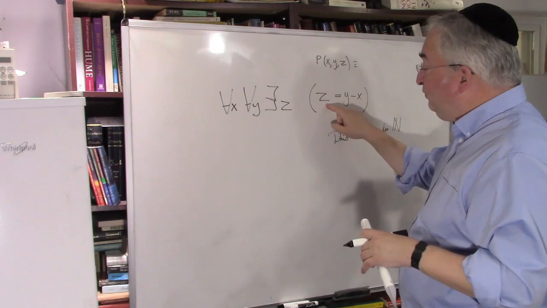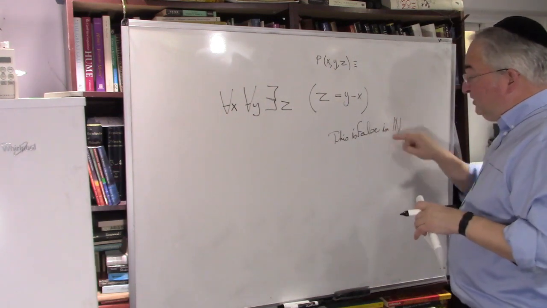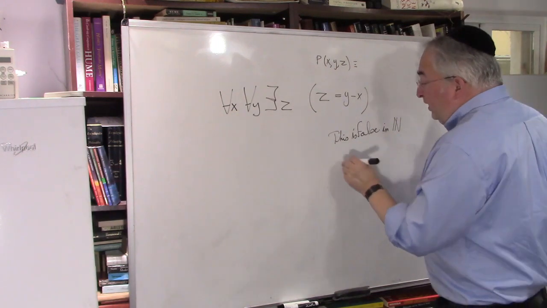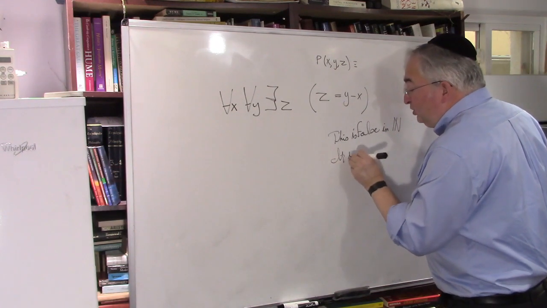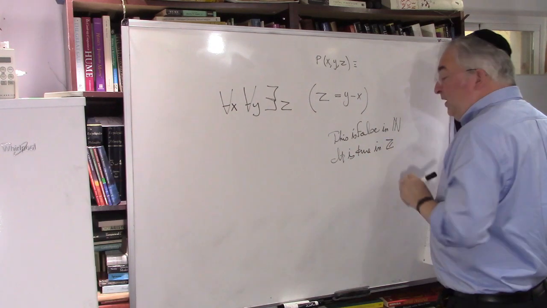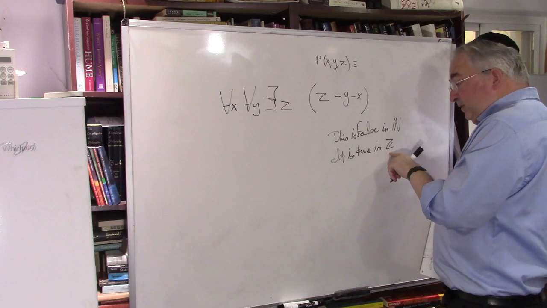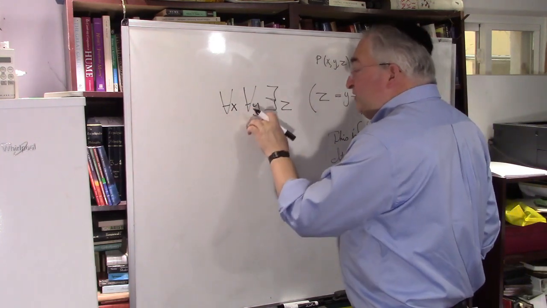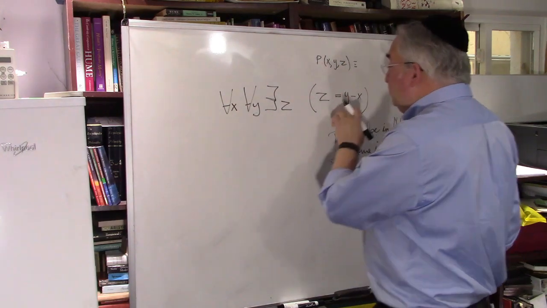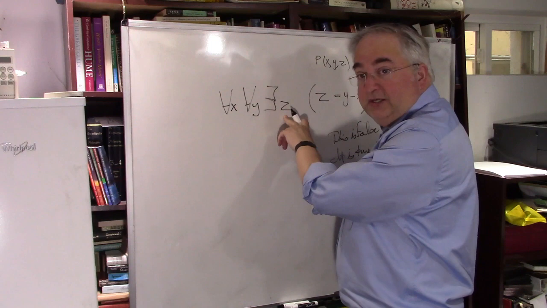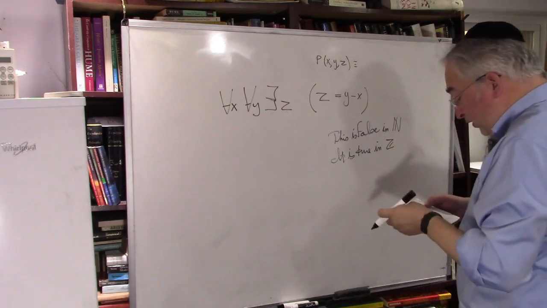That's not in this universe of discourse. However, it is true in Z. This is positive and negative numbers. So let's see this. Take any positive or negative number. Take another positive or negative number. Subtract them. Is that a positive or negative number? And the answer is yes. So it works for Z.